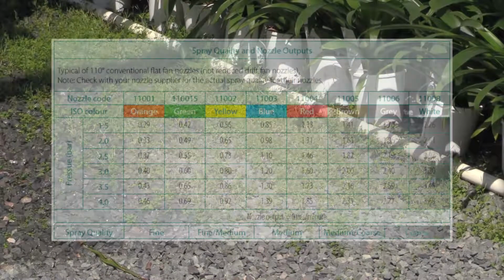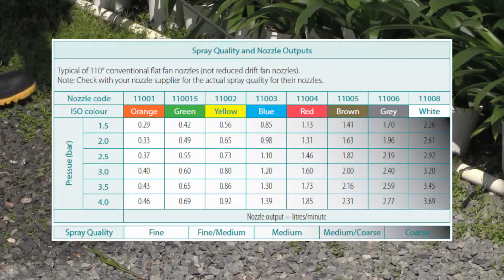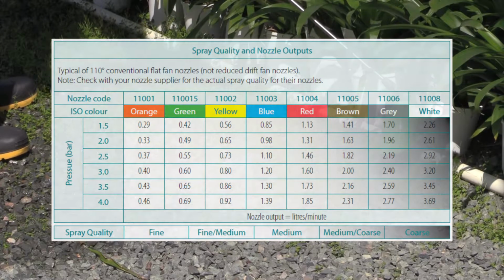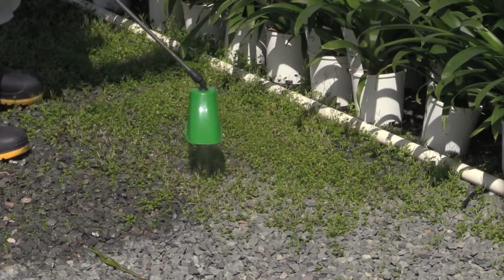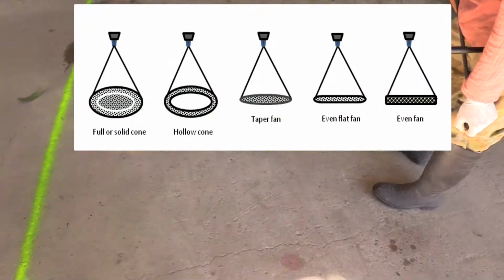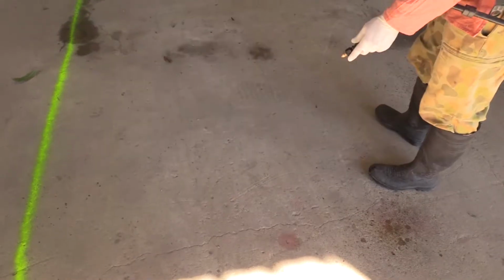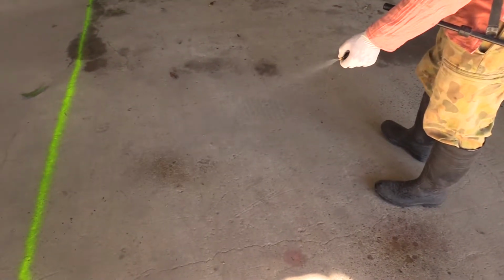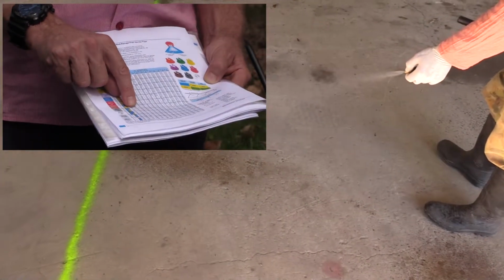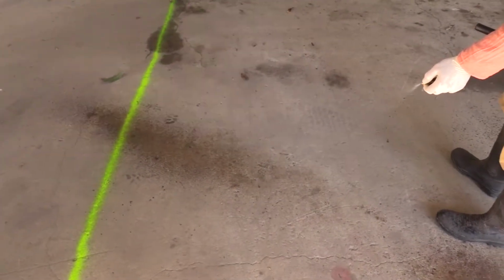The droplet size is influenced by the type and size of nozzle and the operating pressure of the spray equipment. Choosing the right nozzle to suit the application will help to improve the application efficiency and effectiveness. When preparing the application equipment, refer to the manufacturer's specifications for how different operating pressures will affect the droplet size.